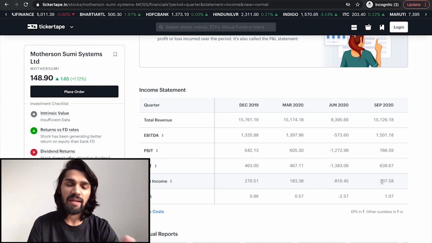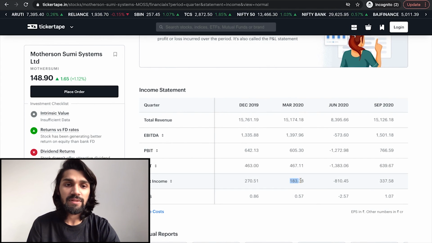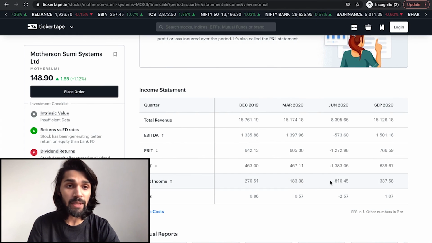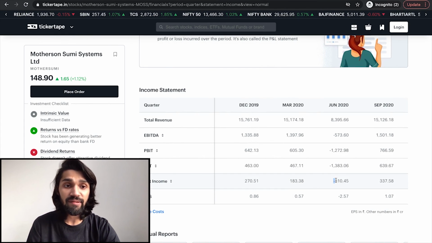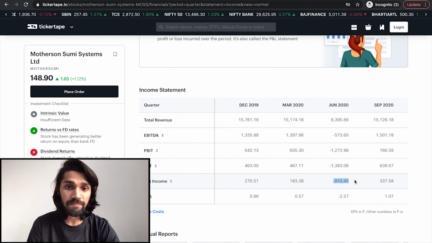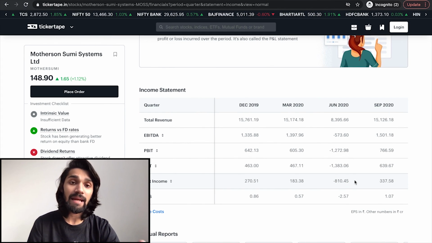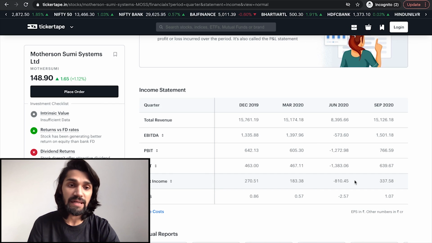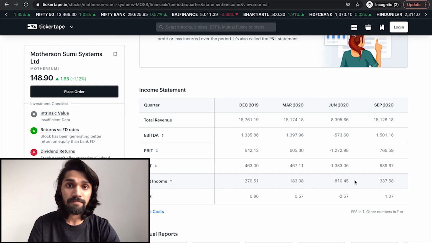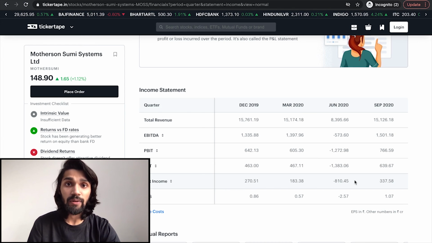There were no sales in many of the sectors. So this is justifiable. And if you see here, in September 2020, it has generated 337.58 crores. So that means it's again back on track to almost pre-COVID levels, which is really good. So by this, we can definitely say that Motherson Sumi Systems Limited has a very good income statement.